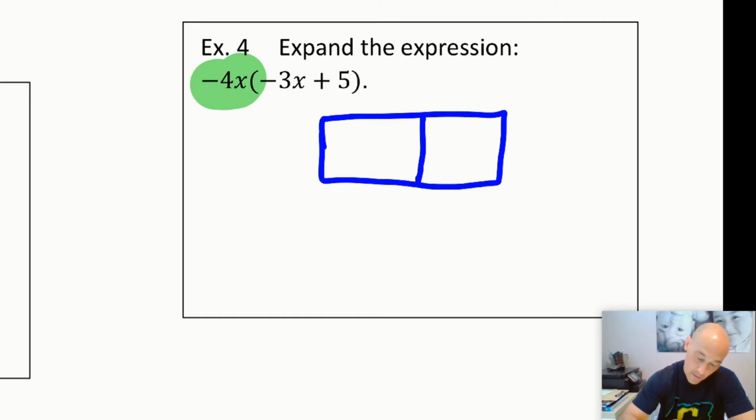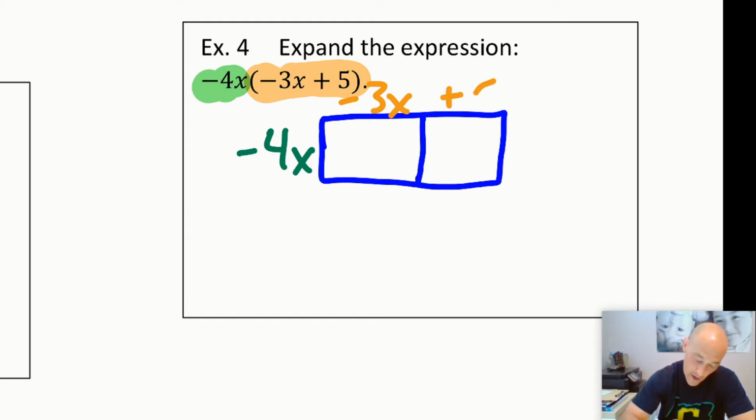We're going to have the negative 4x. Well, let's do that a little bit smaller, a little bit neater. There we go. And so what we have is negative 4x, and we have negative 3x plus 5. So this is the height, negative 4x. For this rectangle, the length is negative 3x.